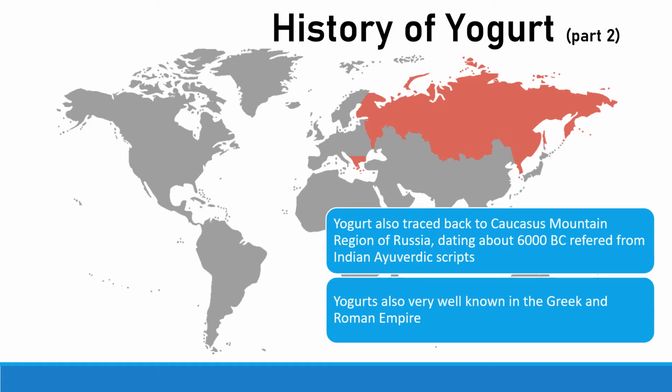So, for your information, Indian Ayurvedic scripts dating about 6000 BC refer to the health benefits of consuming fermented milk products. Then, yogurt is also very well known in the Greek and Roman Empire.